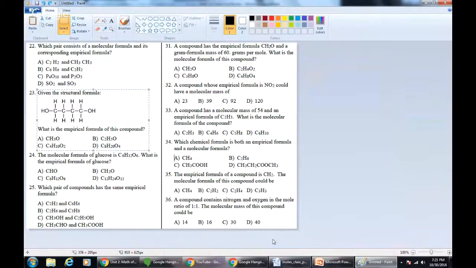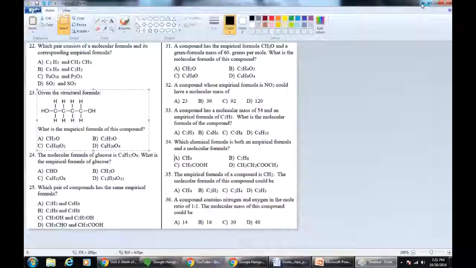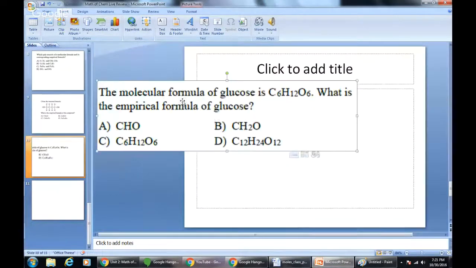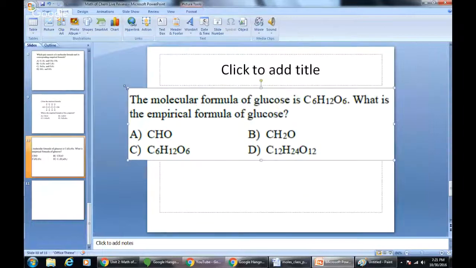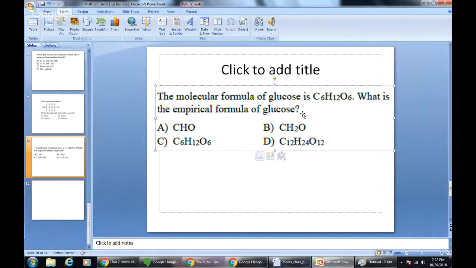Any other ones that we can do together? The molecular formula of glucose is C6H12O6.